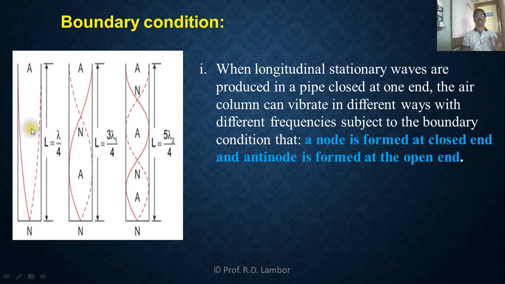See here, we have considered three air columns of same length. That means the pipe or tube considered in all three diagrams has the same length and same inner diameter. But the modes of vibration of the air column in the three tubes are different. In the first diagram, air column is vibrating forming only half loop. In the second diagram, air column is vibrating forming 1.5 loop.